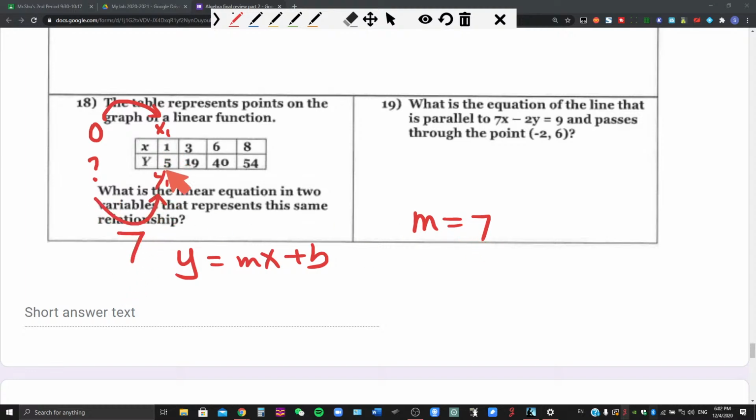After increasing by 7, the y will be 5. So 5 − 7 is negative 2. Negative 2 plus 7 is 5. So the b will be negative 2. So y equals 7x − 2, and that will be the answer to question 18.